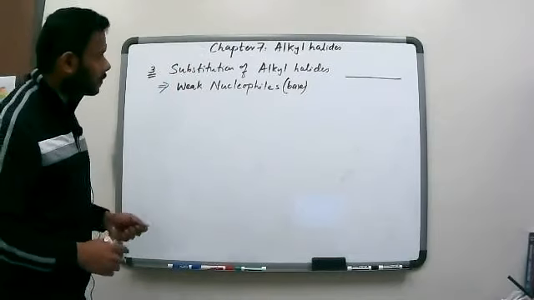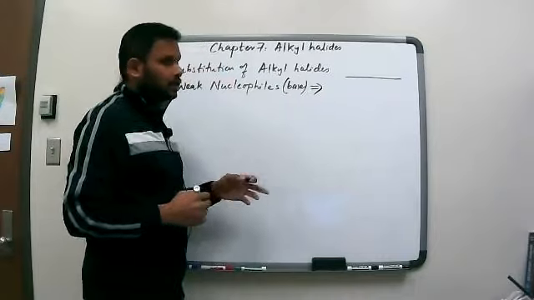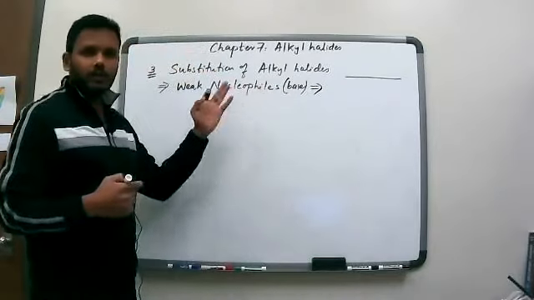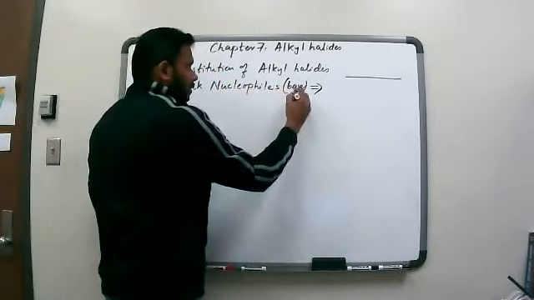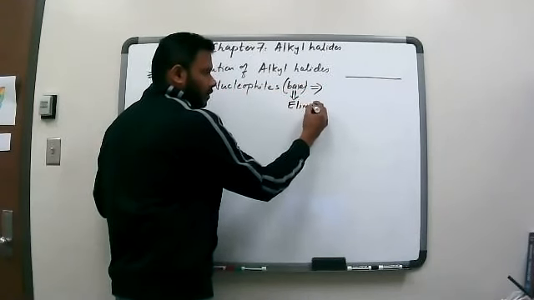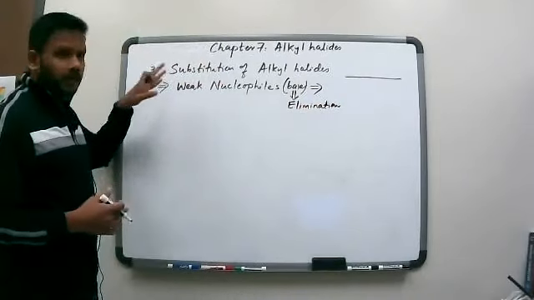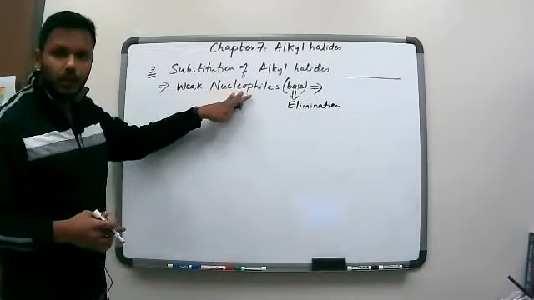In most cases, this weak nucleophile, or to make it clear, this is for the elimination reaction that we are going to talk about in a bit. For substitution, it is a nucleophile.